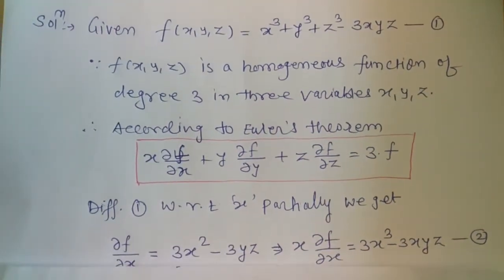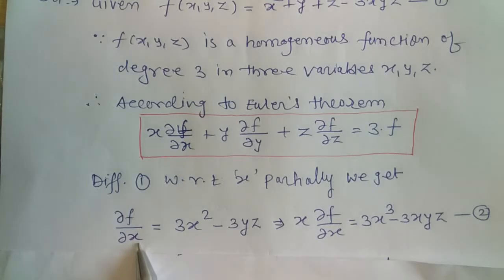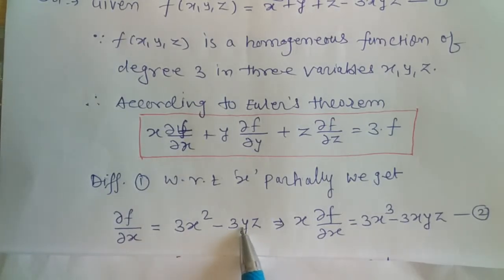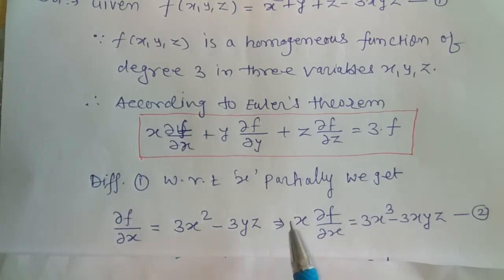So the partial differential of f with respect to x is del f by del x, which is equal to 3x square minus 3yz. Now multiply del f by del x by x, we get x del f by del x equal to 3x cube minus 3xyz.